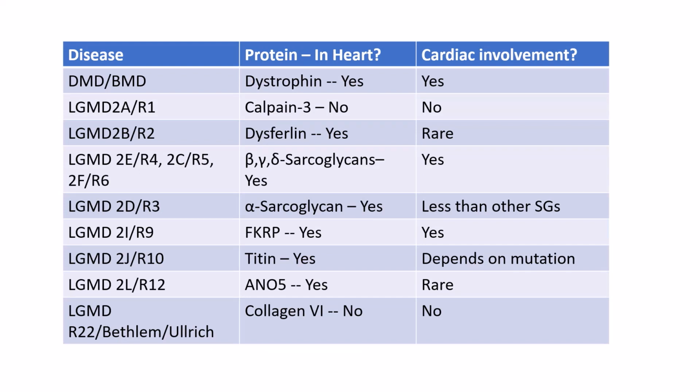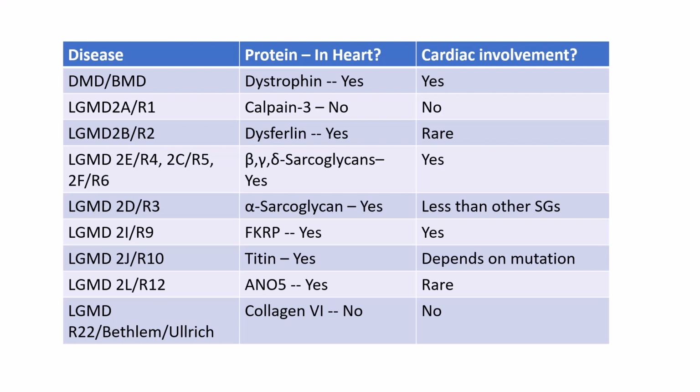Okay, so to summarize, looking at different types of muscular dystrophy, some of the proteins are expressed in the heart, a few are not, so you wouldn't expect there to be any cardiac effects if the protein isn't even expressed in the heart. And then in other types, the protein is expressed in the heart, but there are rarely symptoms.